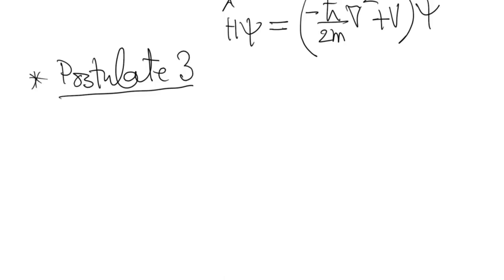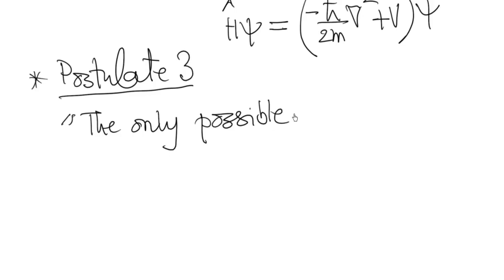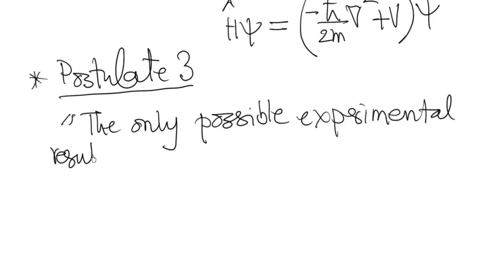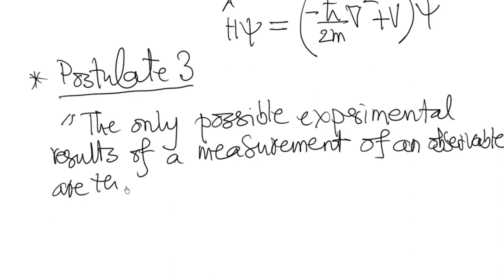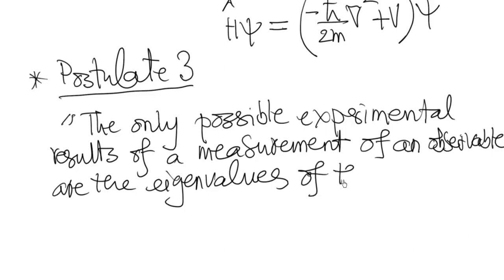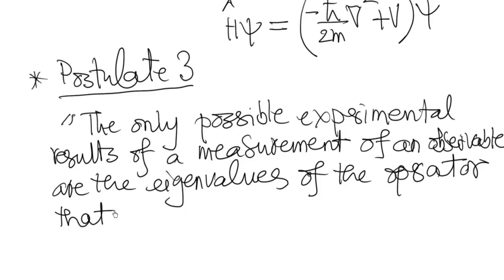It says that the only possible experimental results of a measurement of an observable are the eigenvalues of the operator that corresponds to such observable.